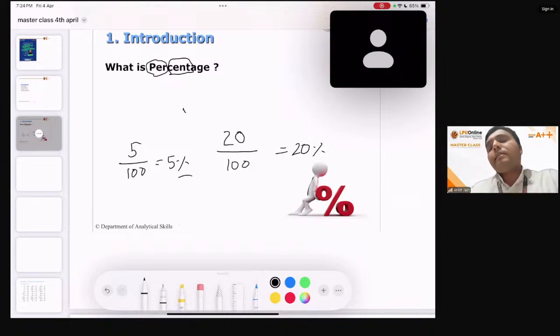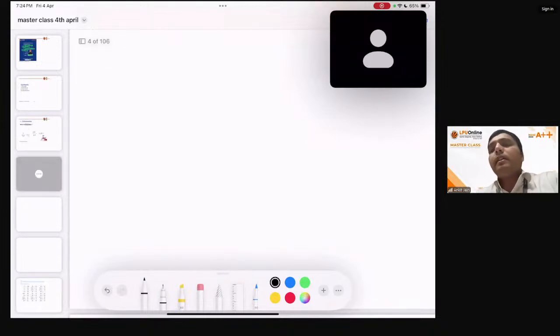In percentage, there are some basics that you must know, that is, the values of percentage from 1 by 2 to 1 by 15. As you know, the range of percentage lies between 0 to 100. The minimum value is 0%, the maximum value is 100%.